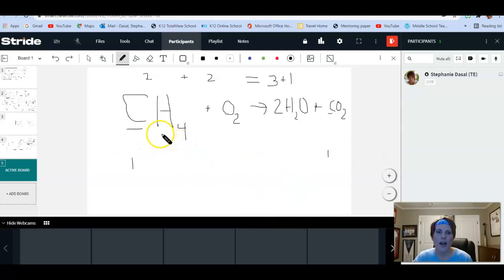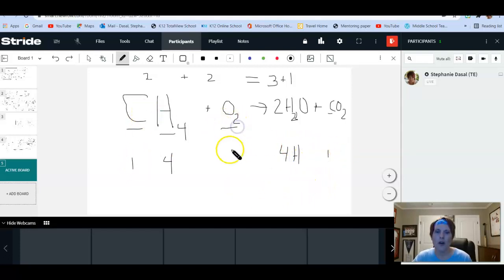equilibrium. We have 4 hydrogens on this side, and because there is a 2 coefficient and the hydrogen has a subscript of 2, we also have 4 hydrogens on this side. Okay, so far we are in equilibrium.